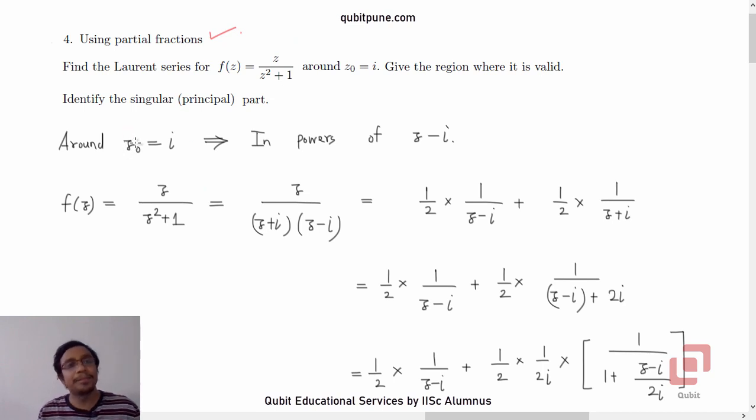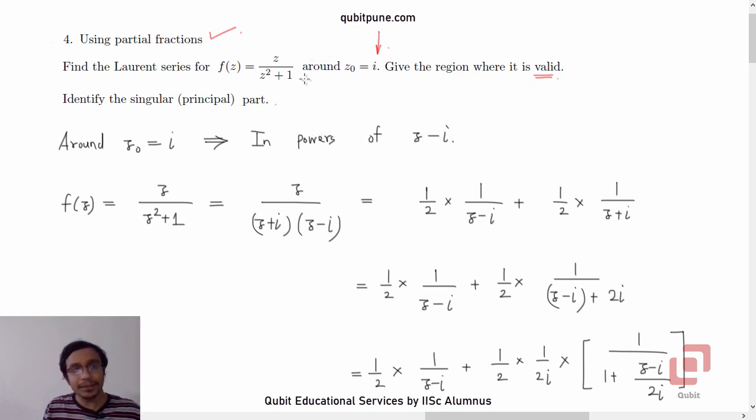The question is, find the Laurent series for f of z, which is z upon z squared plus 1 around z not equal to i. Okay, so this is one of the points where the function is not defined, and we are going to call those points singularities. Okay, give the region where it is valid and identify the singular or principal part.